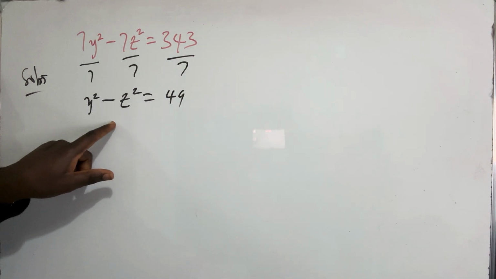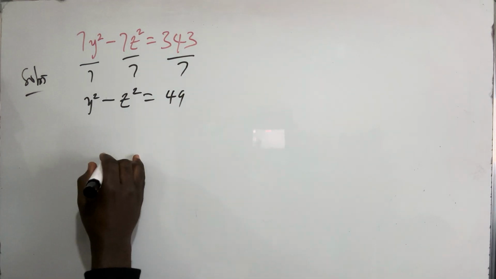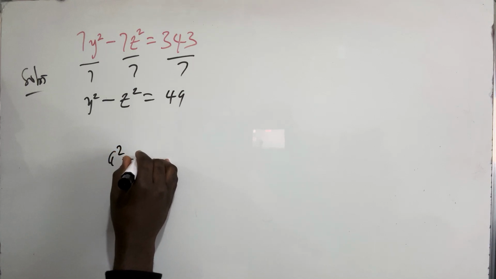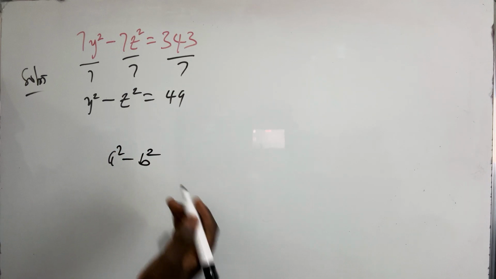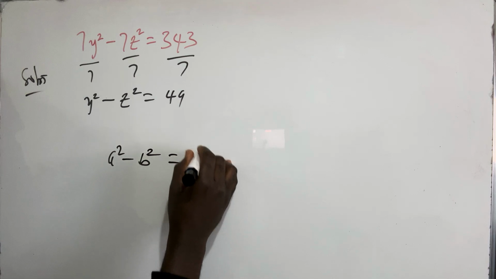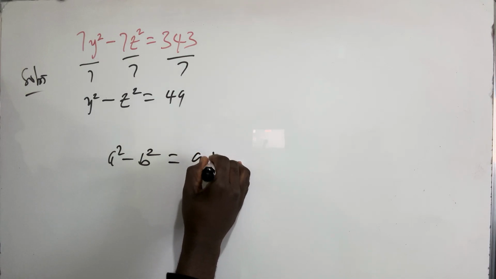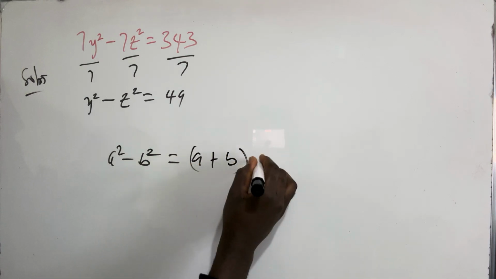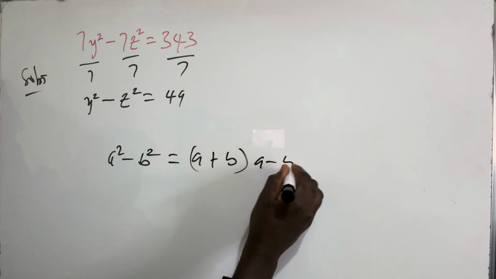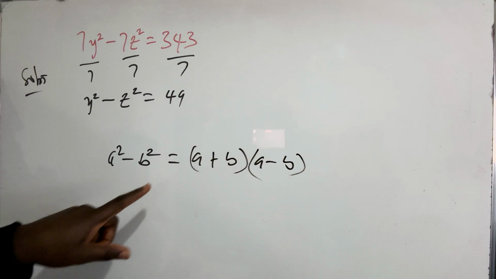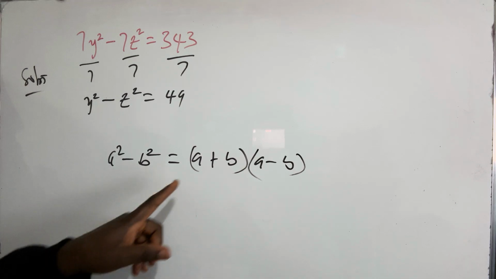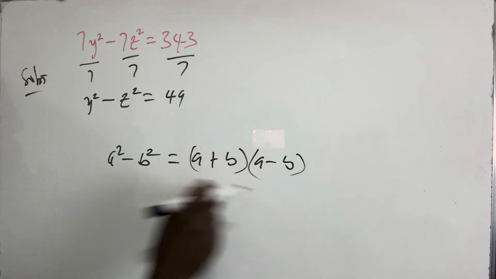If you look at this, it is in the form of a squared minus b squared, the difference of two squares, which you know is the same thing as (a plus b)(a minus b). If you open the bracket, you get this.